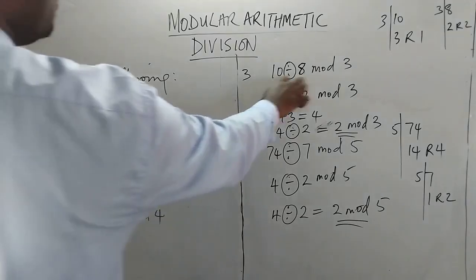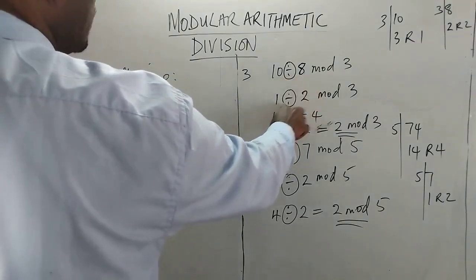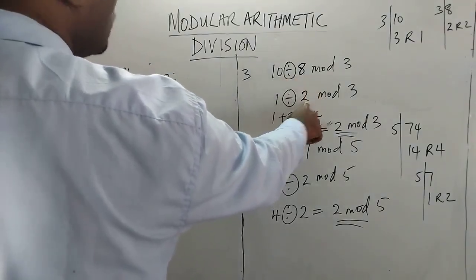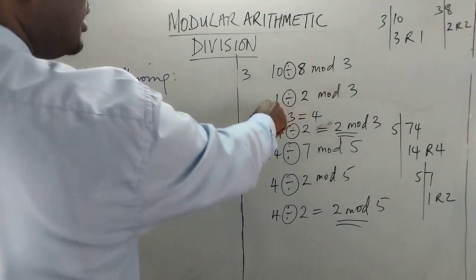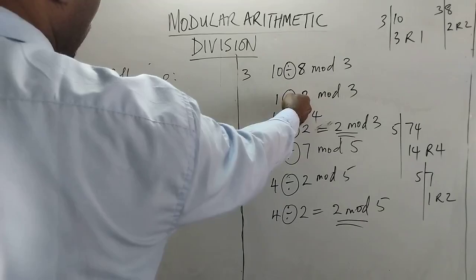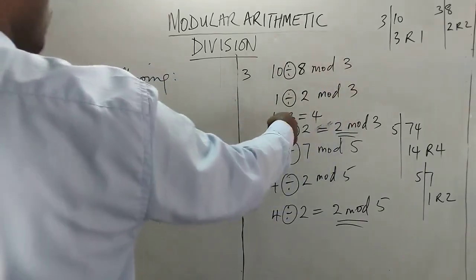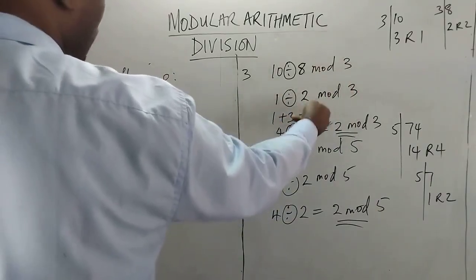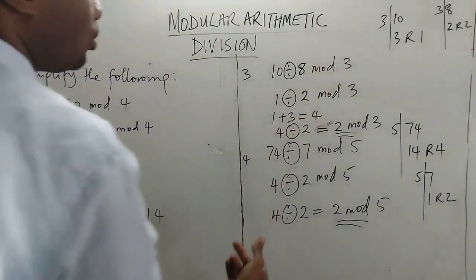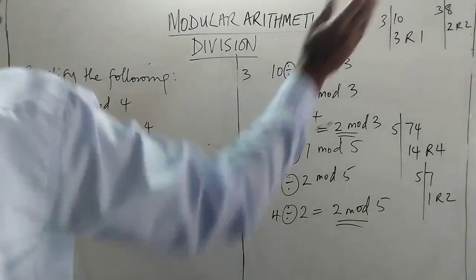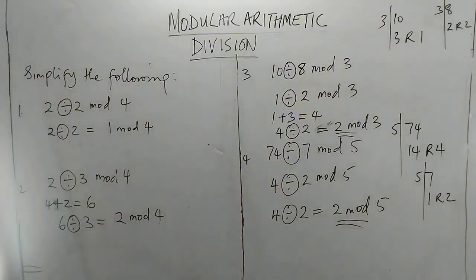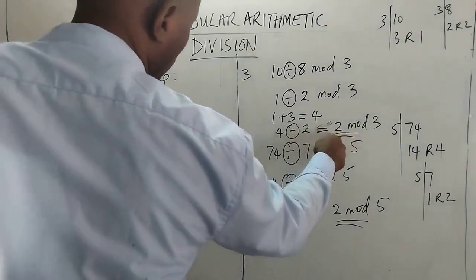When we reduced these two, we got 1 divided by 2, but 1 being the dividend is less than the divisor. We had to look for multiples of the mod. So the first one, we added 3 plus 1 and got 4, and 4 is divisible by 2. So we didn't continue. We ended it there. 4 divided by 2 gave us 2.